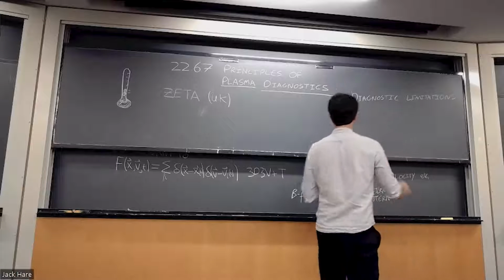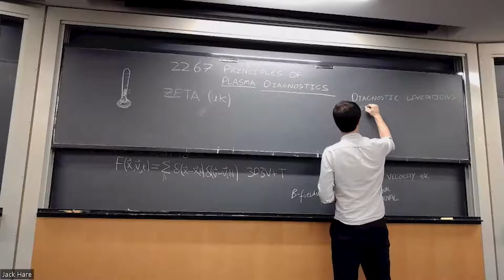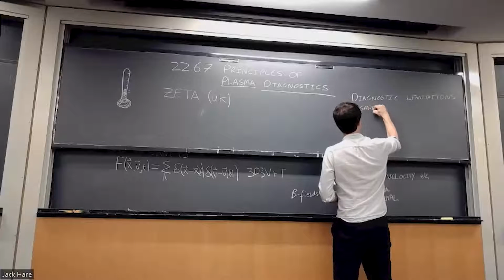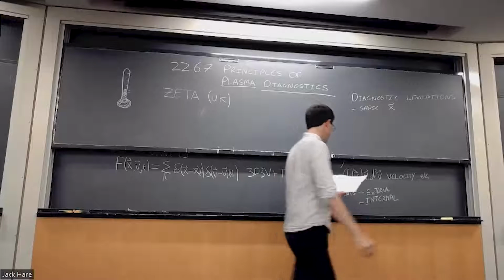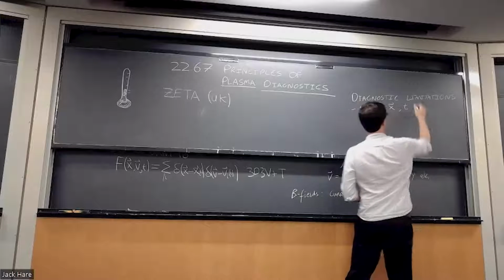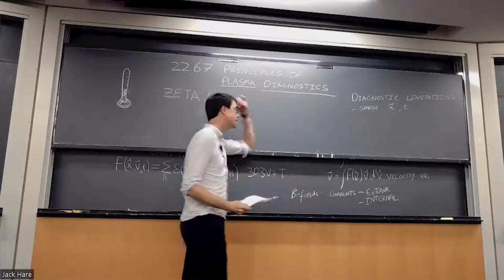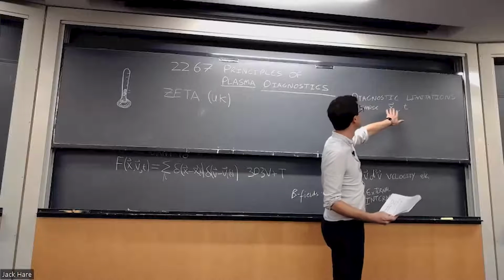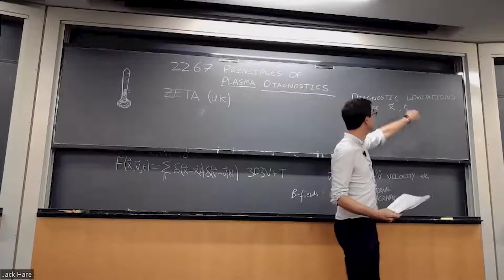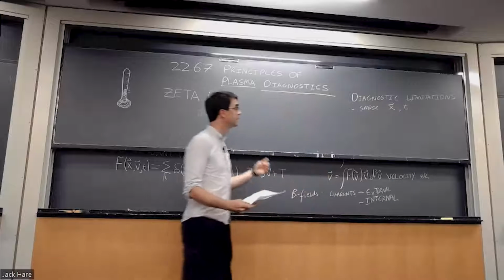We're going to end up with things which are sparse in space. I'm just going to use vector x for space and time. So we don't have it all the time. This may be because our diagnostic only measures at a single point as a function of time, or it may be a picture which measures spatial variation at a single time, or it may be some combination of those here.